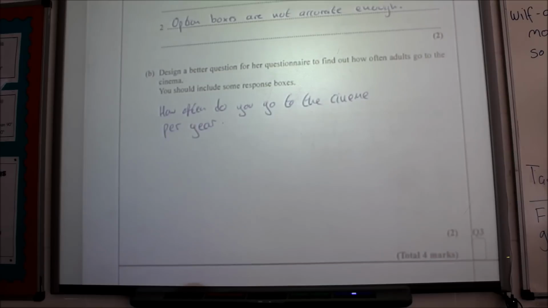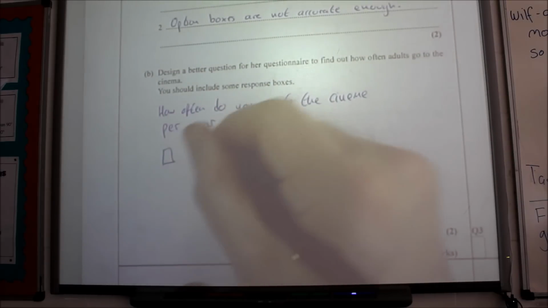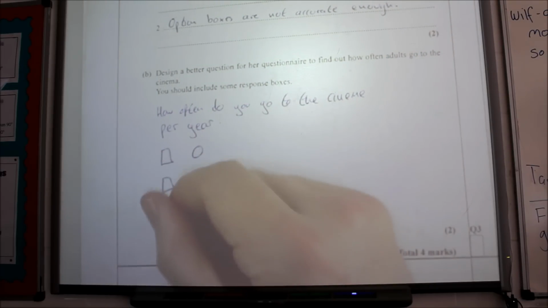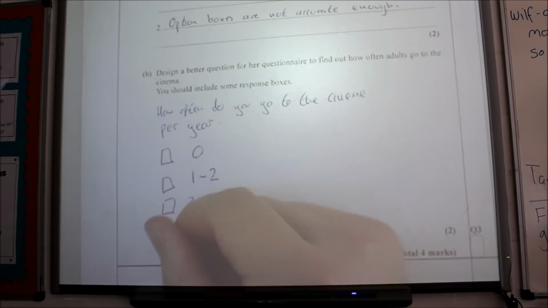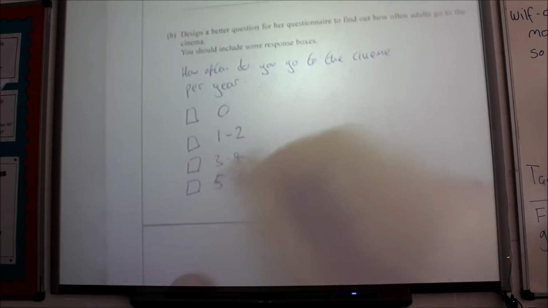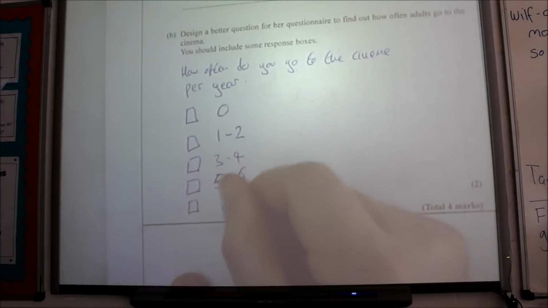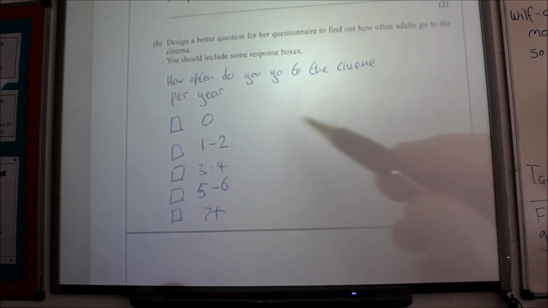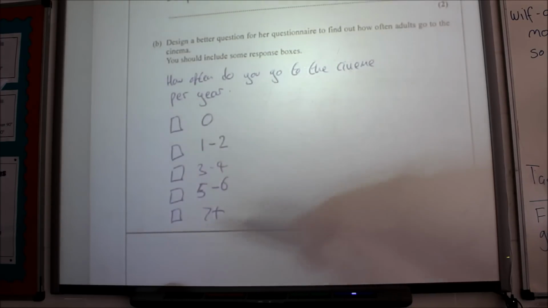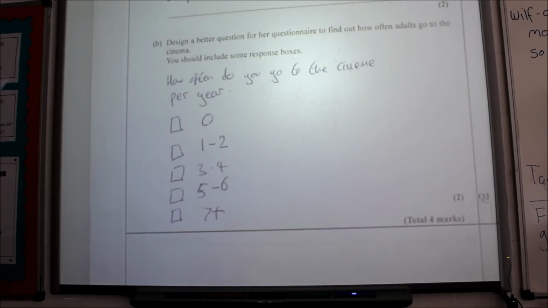So the option boxes I'm going to have is 0. Then we're going to have, let's say, 1 to 2. Then we'll have 3 to 4, 5 to 6, and then we'll have 7+. So because I've got a time scale there, and the actual number of times they go, there can be no misunderstanding of what is meant.